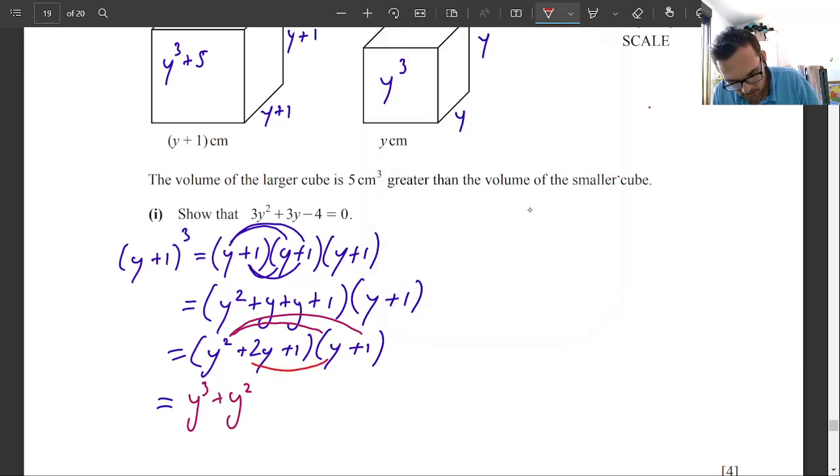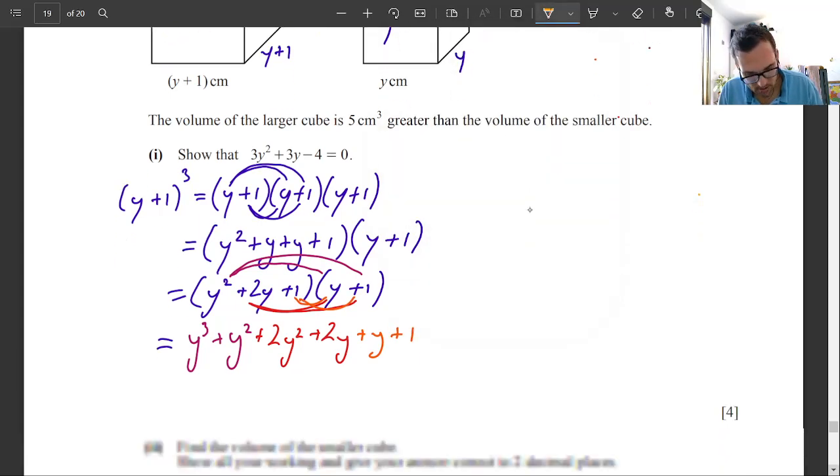Then 2y times y will give us 2y squared, and 2y times 1 gives us 2y. Go through this slowly so you don't get those indices wrong, the squares, the cubes, because that's where mistakes creep in. Last one, 1 times y is y, and 1 times 1 is 1.